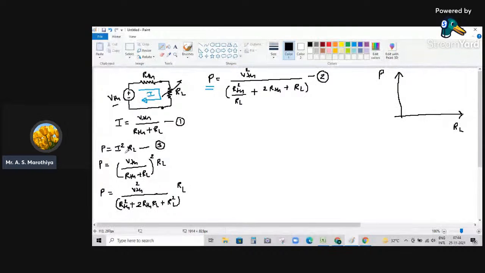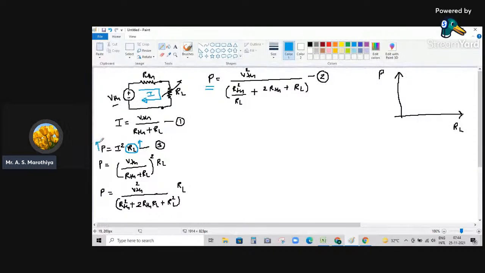Here, P is nothing but I square into R. Now see here, the moment we increase the value of load resistance, because P is proportional to I square into RL, from equation number 3, the value of power tries to increase.